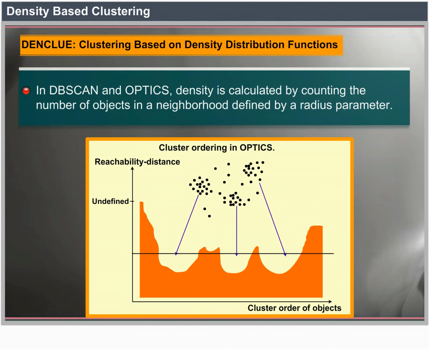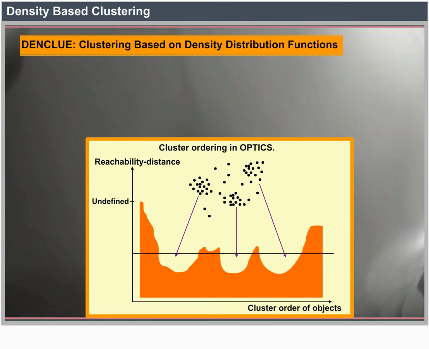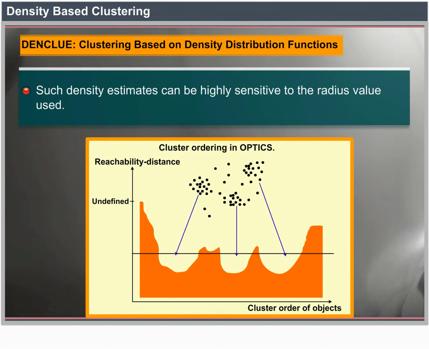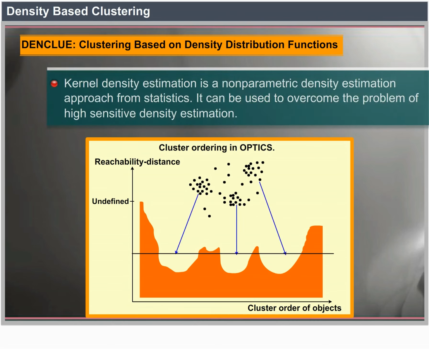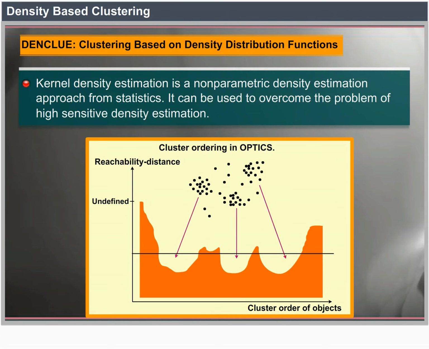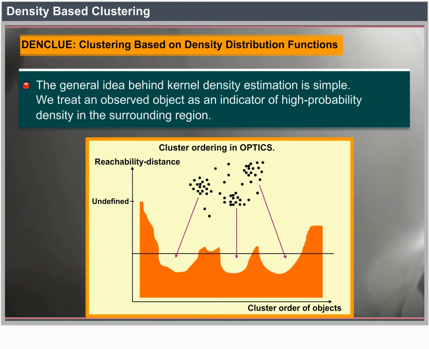In DBSCAN and OPTICS, density is calculated by counting the number of objects in a neighborhood defined by a radius parameter. Such density estimates can be highly sensitive to the radius value used. To overcome this problem, kernel density estimation can be used, which is a non-parametric density estimation approach from statistics. The general idea behind kernel density estimation is simple.